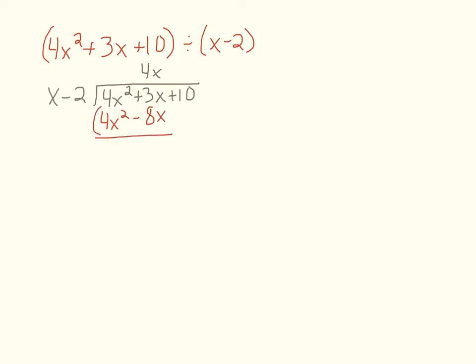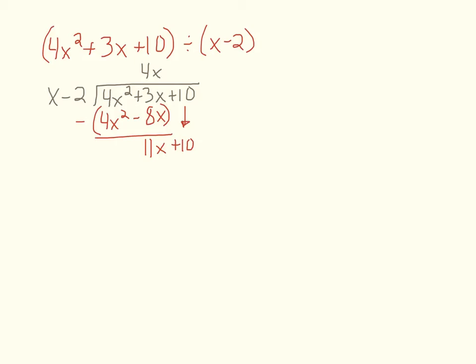Now we're subtracting these two quantities. So we subtract 4x squared from 4x squared, that'll just be 0, so we don't need to write that. But if we do the two negatives together, we're going to have 3x and a positive 8x. That's going to be 11x. Then we bring down our 10.